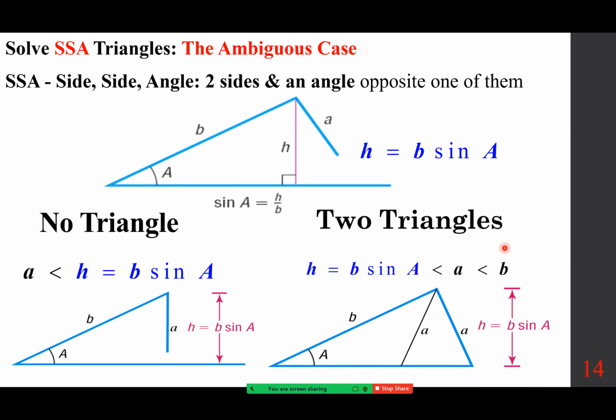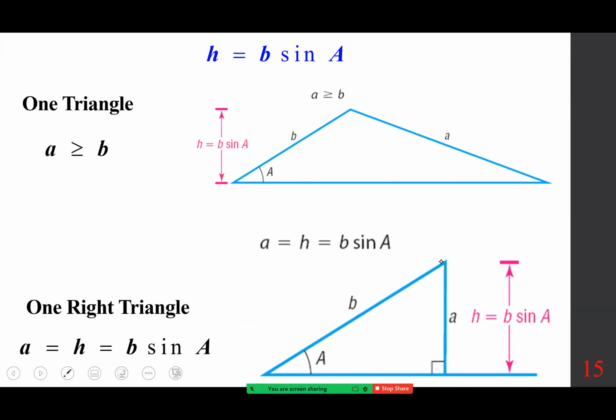If A is between the value of H, which is B sine A, and B, it can create two triangles. Because this is H, it can create two, one with all acute angles and one with the obtuse angle. Again, remember H is B sine A.